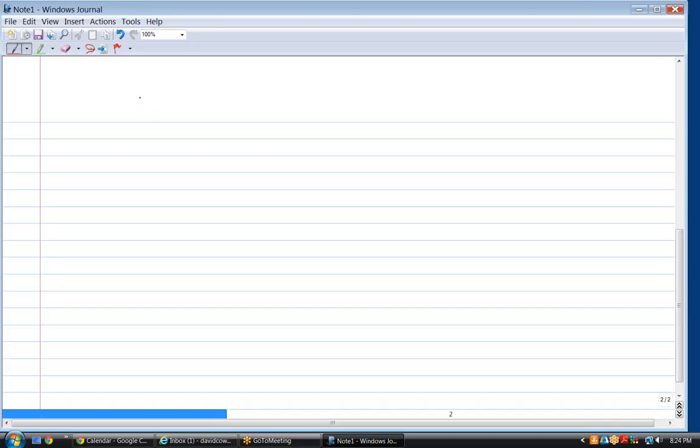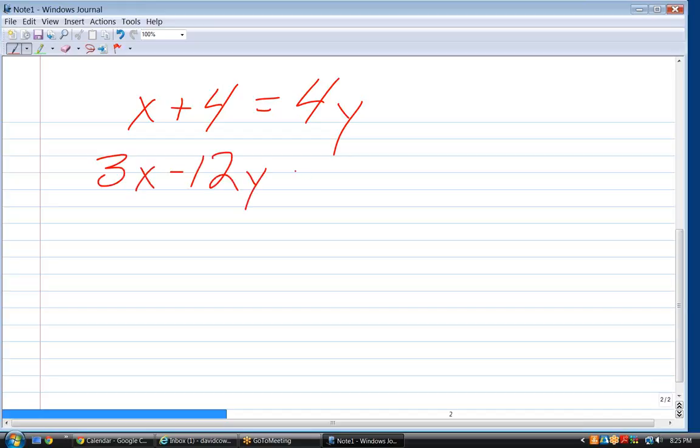Okay. And they give us x plus 4 equals 4y, and then the other one is 3x minus 12y equals negative 12. When you are forced to solve something by substitution, you want one of the equations to be fully defined in terms of one variable.